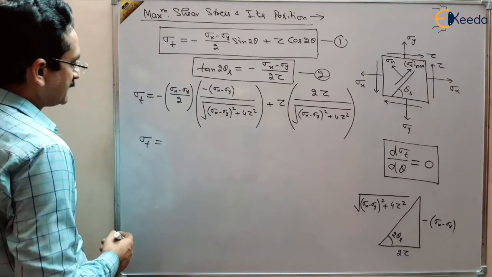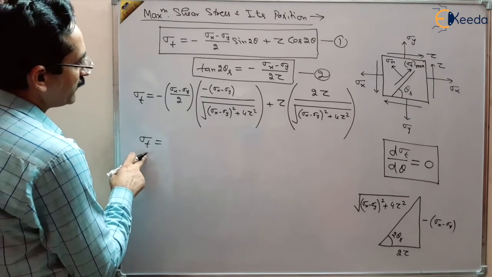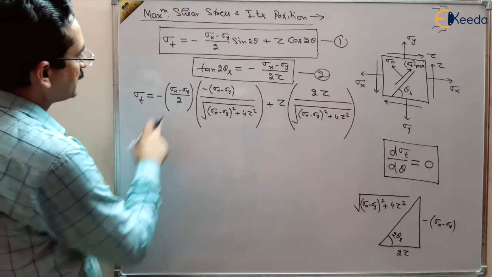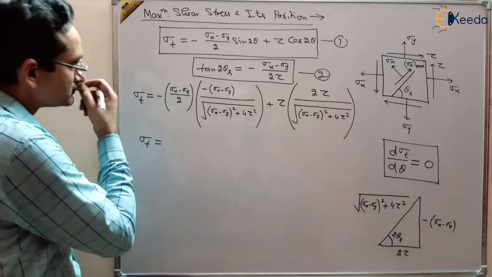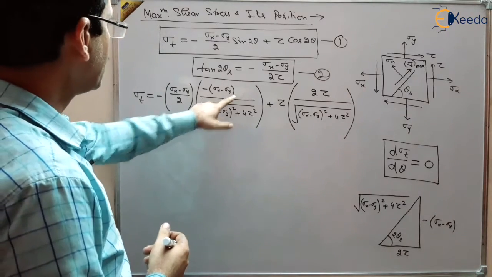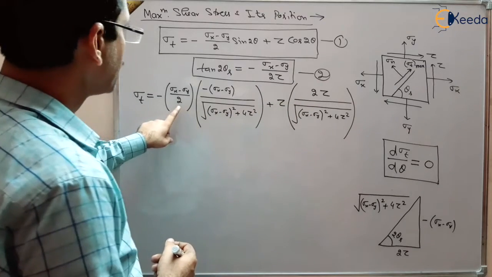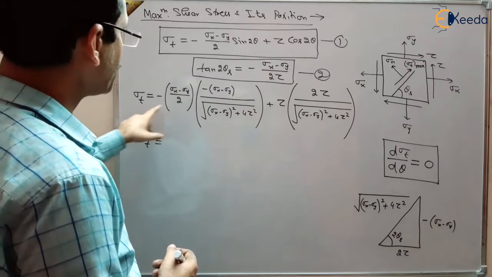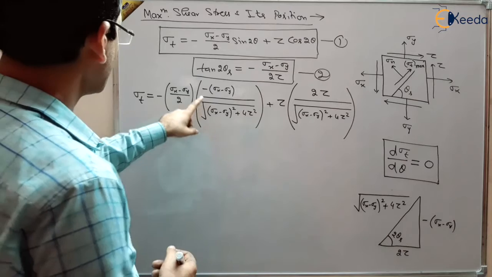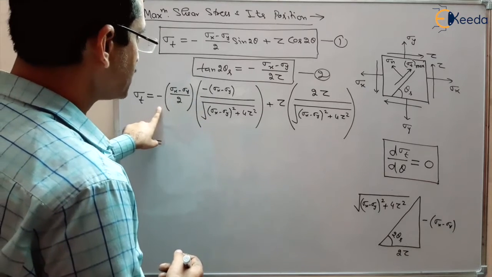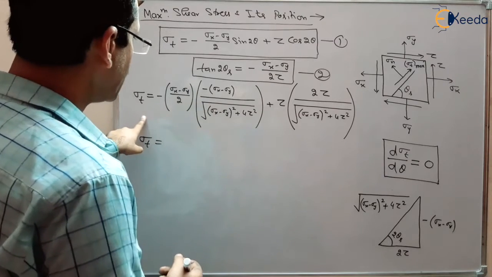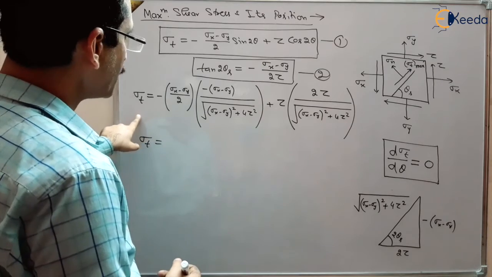So what is the maximum shear stress? It will be equal to, here (sigma x minus sigma y) by 2, here (sigma x minus sigma y), plus 2 tau. We can take half outside the bracket; minus and minus will become plus. So 1 by 2 can be taken outside.